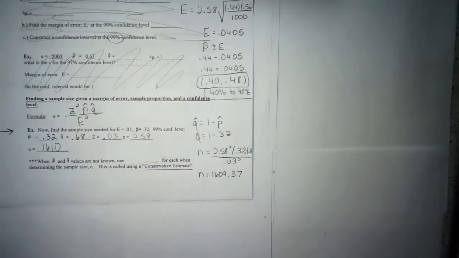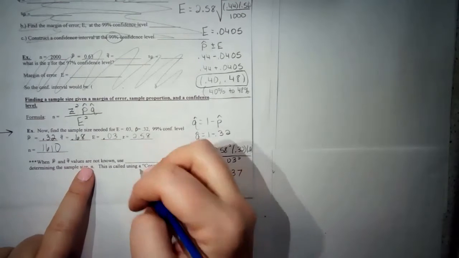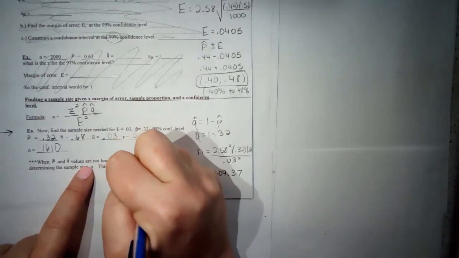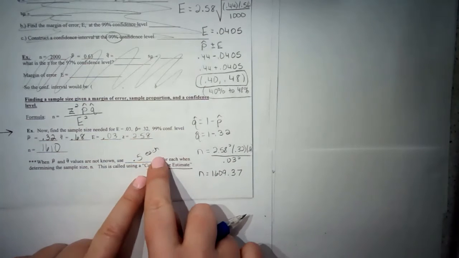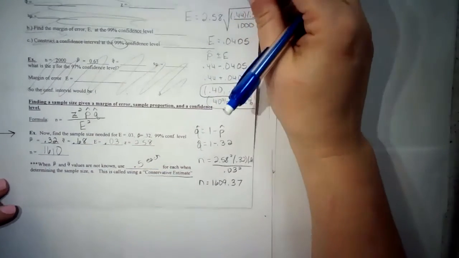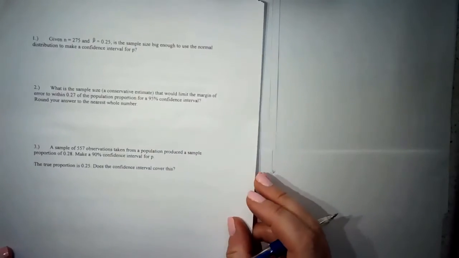When they use those two words, that's super secret language for p hat and q hat are 0.5 each. They're going to tell you to find your sample size, but they're not going to give you a p hat or q hat. But if you see be conservative or conservative estimate, that's when you just half them, 0.5, 0.5, and that's what you put in. Okay, sound good?